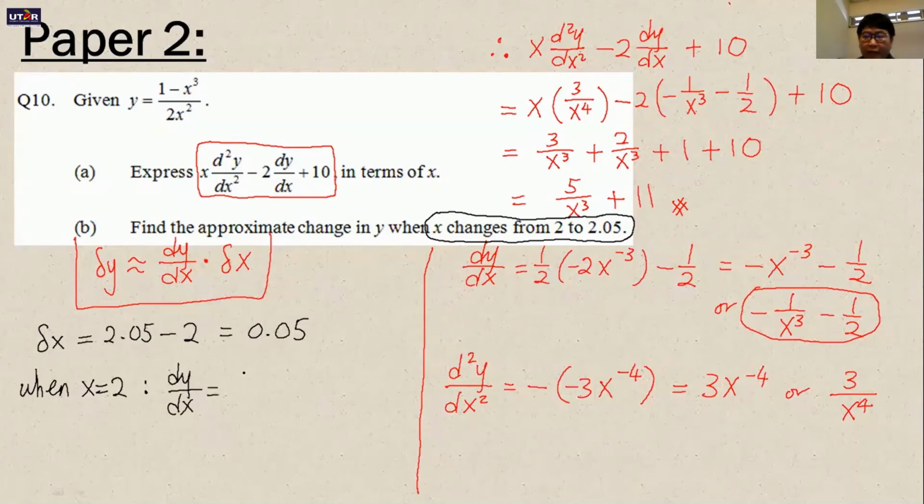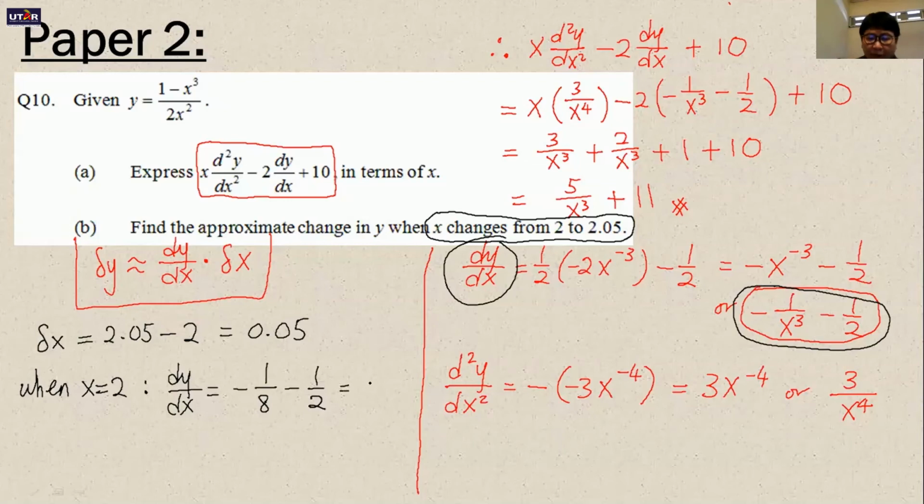So dy over dx is this one, right? This is the dy over dx, right? So when x equal to 2, I have negative 1 over 8 minus 1 over 2, right? So the final answer is negative 5 over 8. Okay, substitute these two info into the formula, right?